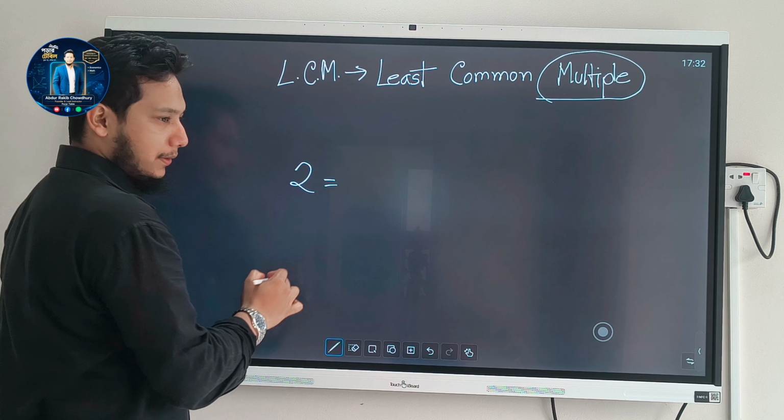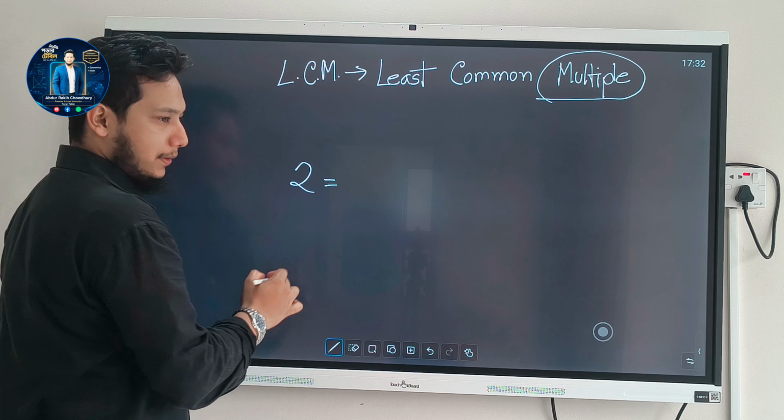Suppose we count the times table of 2: 2 ones are 2, 2 twos are 4, 2 threes are 6, 2 fours are 8, 2 fives are 10, and so on. If you take 6, 6 ones are 6, 6 twos are 12, 6 threes are 18, 6 fours are 24, and so on.